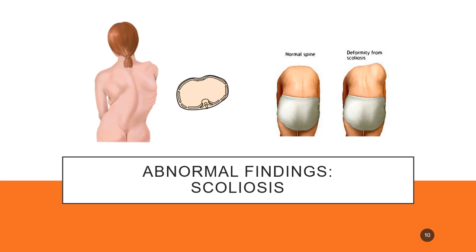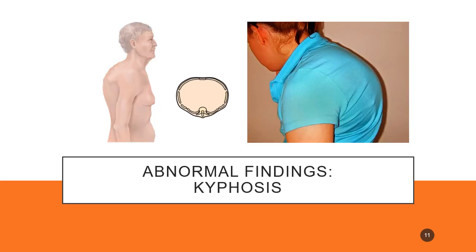So if you have a patient who has a deformity of the thoracic cage, make sure that you're doing a really careful lung assessment. And here's kyphosis.